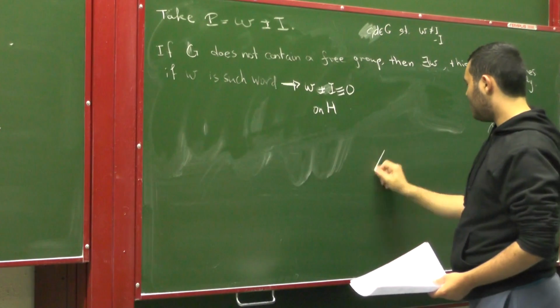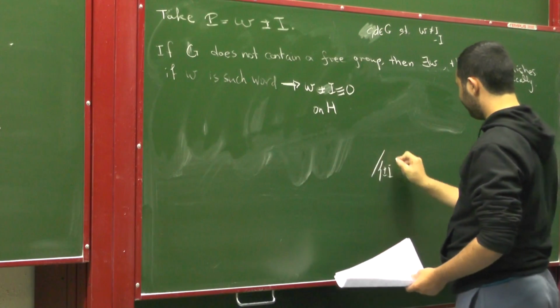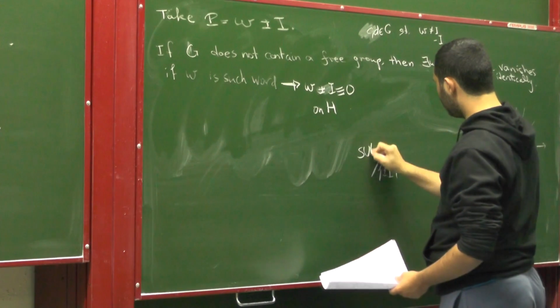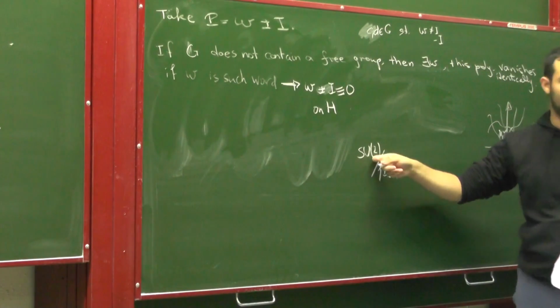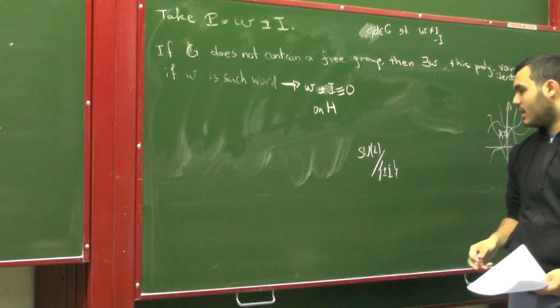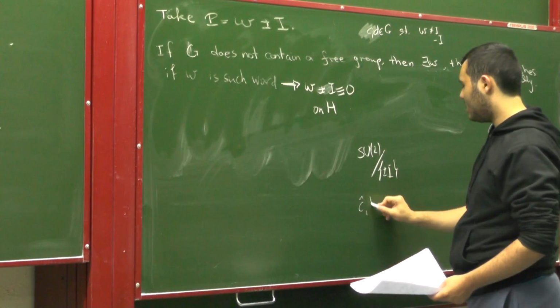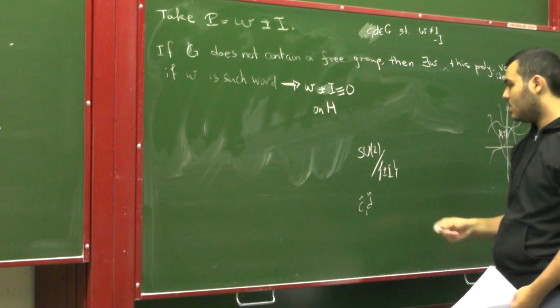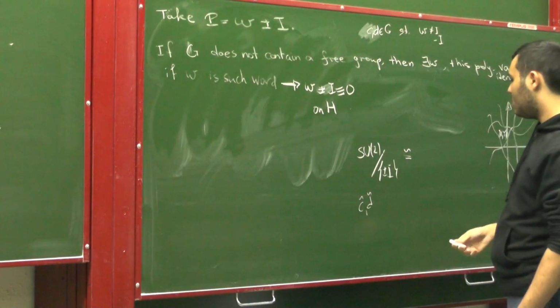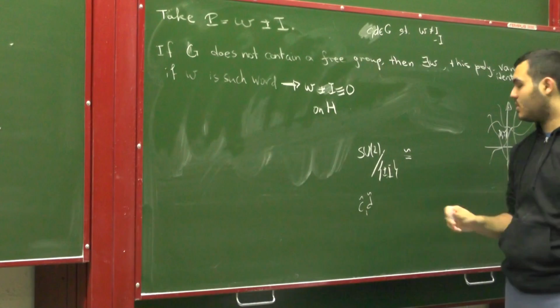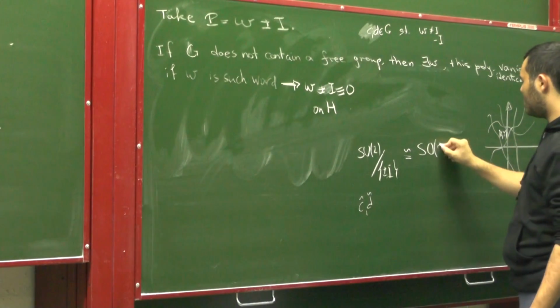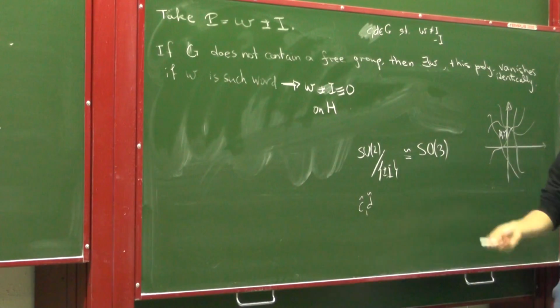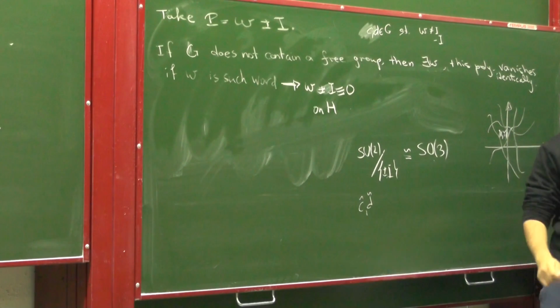Now let me divide by plus or minus identity, and specialize again on our case of SU2. So the images of C and D generate a free group again. But it is well known that SU2 mod minus I is isomorphic to SO3. So SO3 contains a free subgroup.